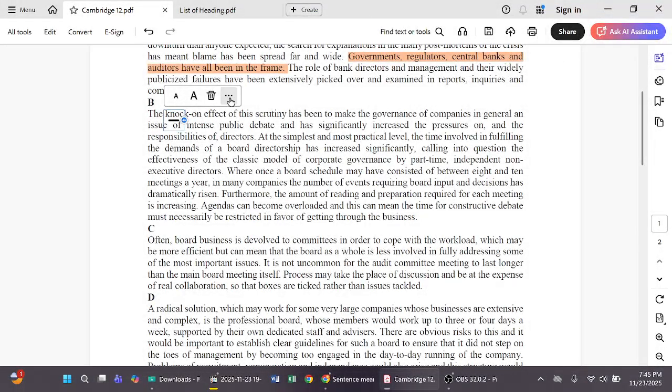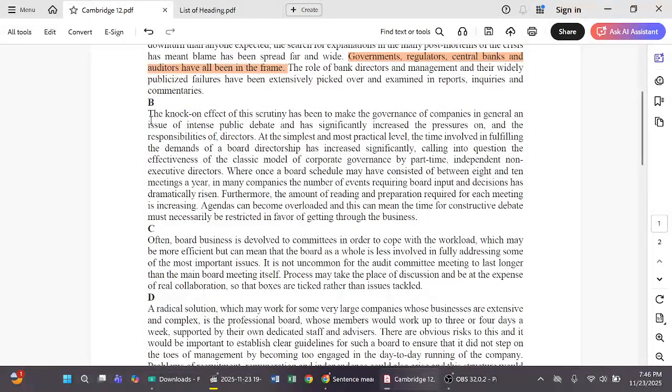So the knock-on effect of this scrutiny has been to make the governance of companies in general an issue of intense public debate, and has significantly increased the pressure on and the responsibilities of directors. At the simplest and most practical level, the time involved in fulfilling.